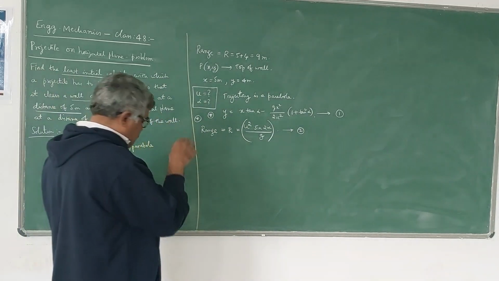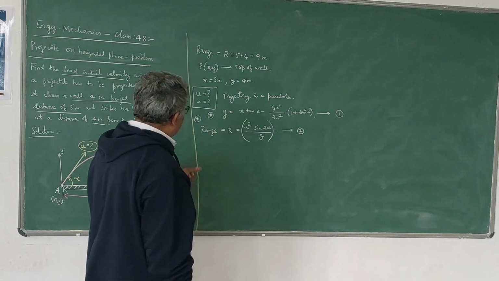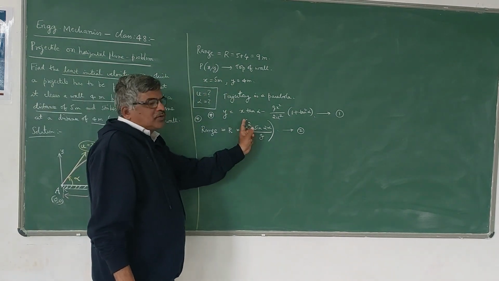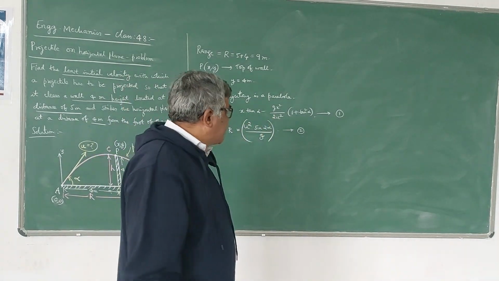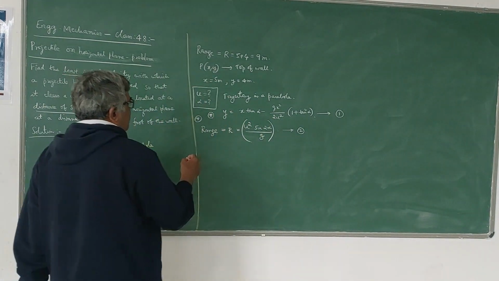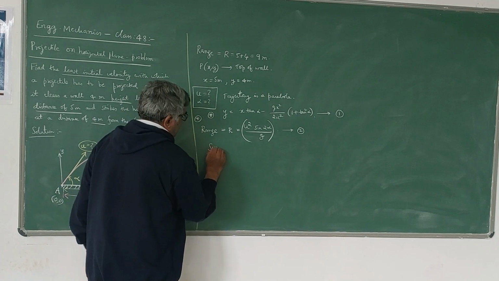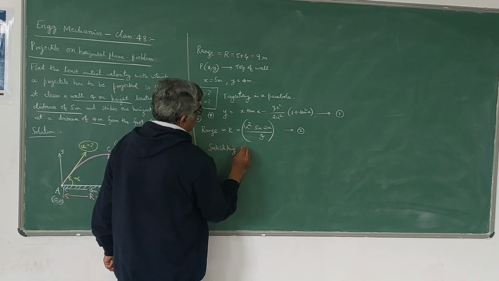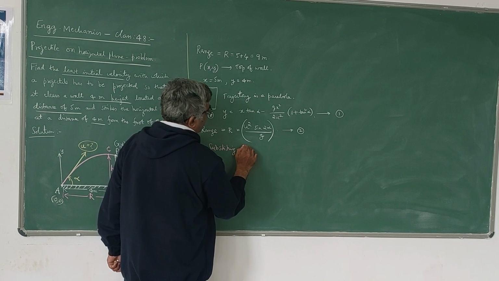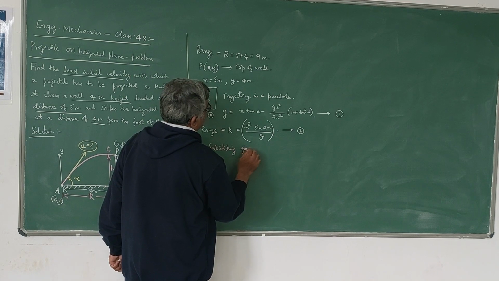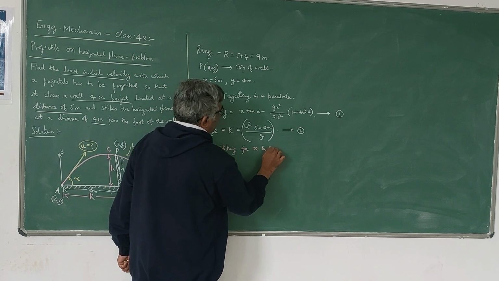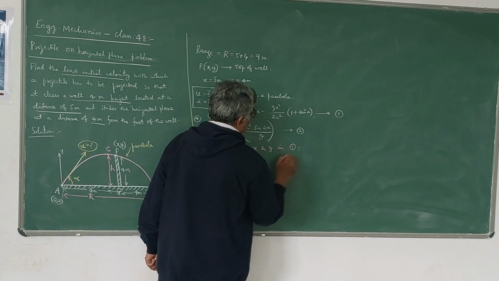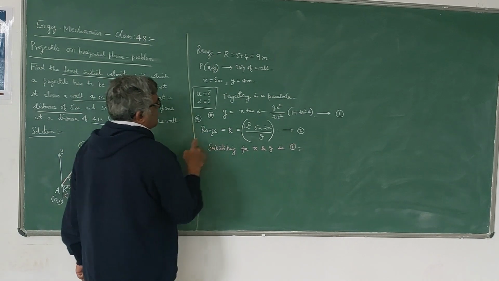Once you write down these two equations, because I have used a range equation, because range is known, and since x and y are known, I have used the equation of the trajectory parabola equation. Now substituting for x and y in 1. So let us see what is the equation we are going to get.